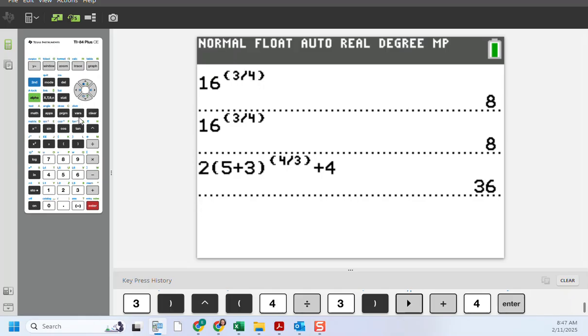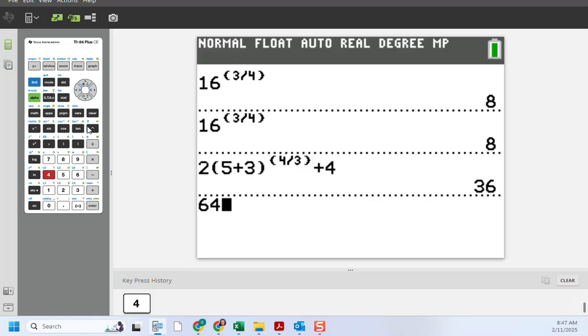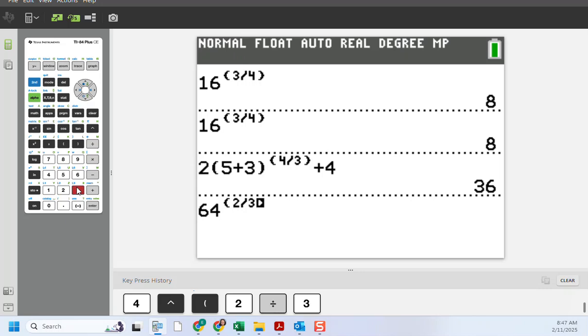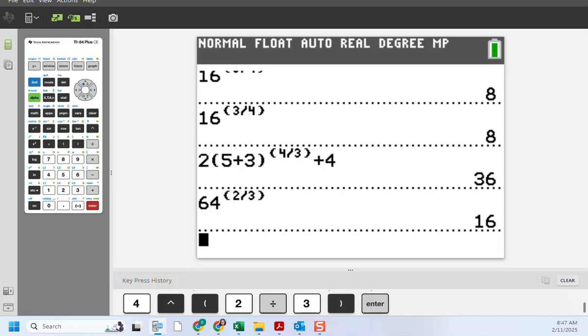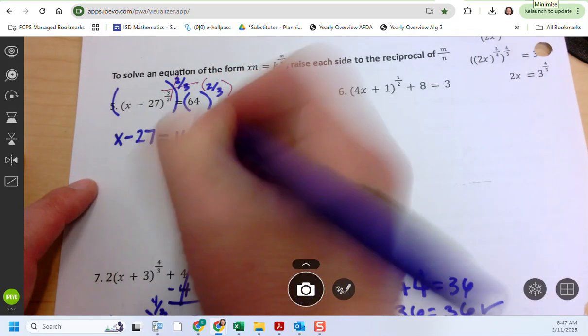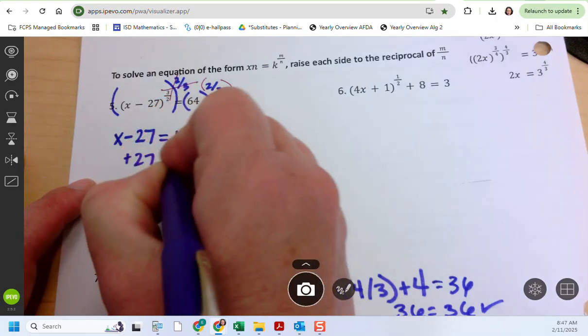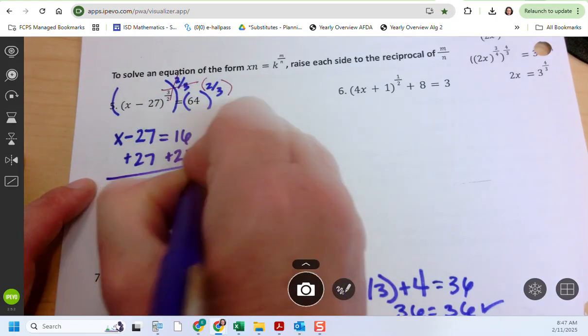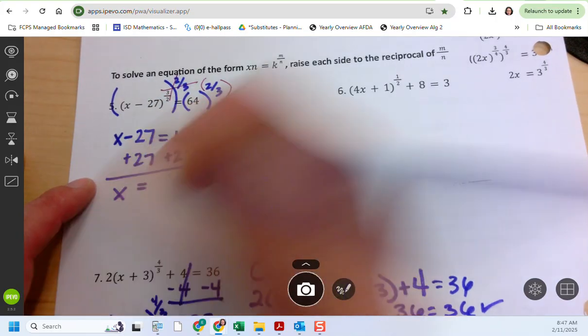And I'm doing 64 raised to the 2/3. That means cube root and then square. I get 16. So x minus 27 equals 16. Add the 27. X equals, you get 43? Yeah.